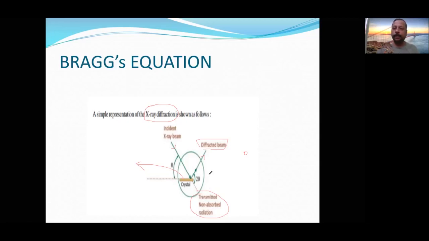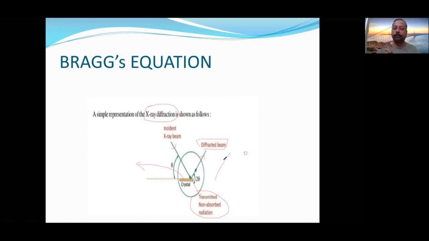In the presence of particles, it is called the diffracted beam. So depending on whether our incident beam is transmitted or diffracted, we can know the presence of a particle in that space.